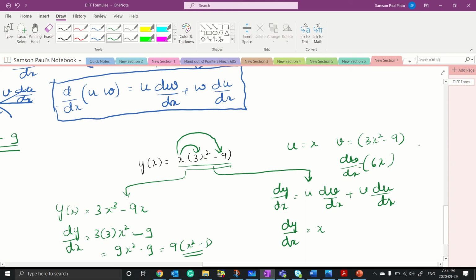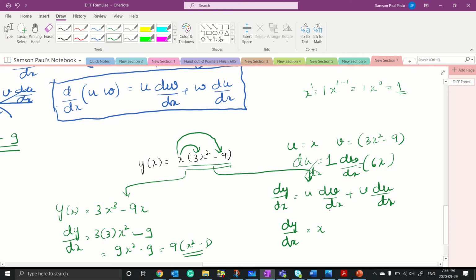And v, I'll write down as it is. du by dx is nothing but 1. Differentiation of x, that is x to the power of 1, is 1 times x to the power of 1 minus 1, that is 1 into x to the power of 0, and that is 1.